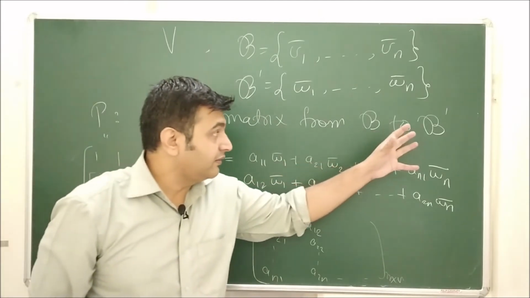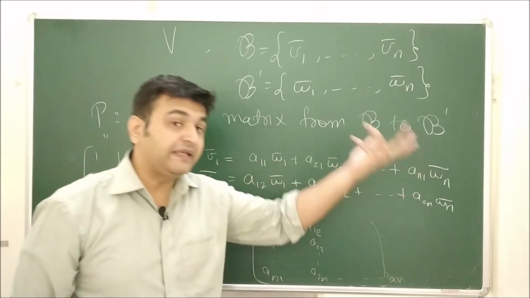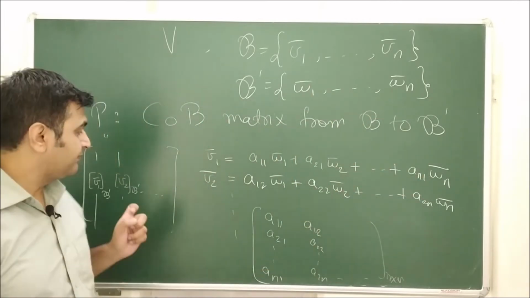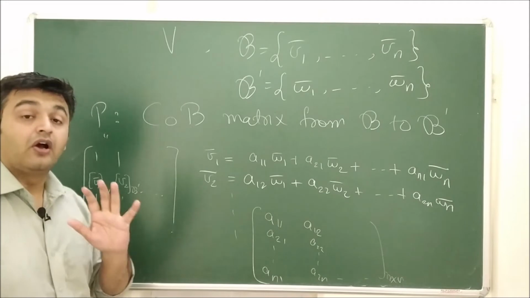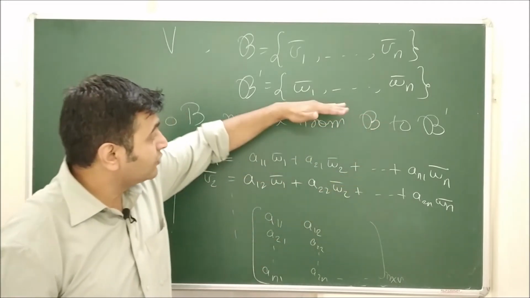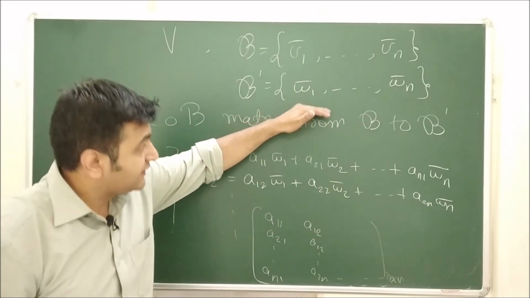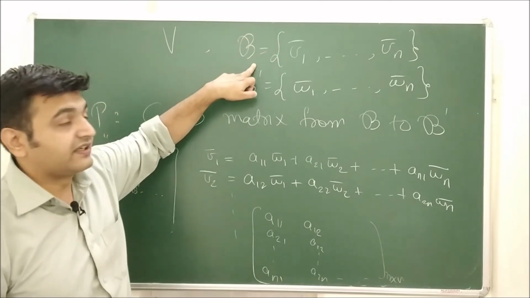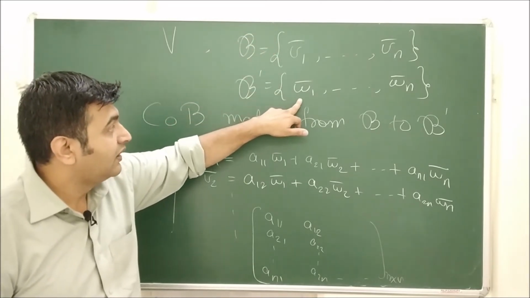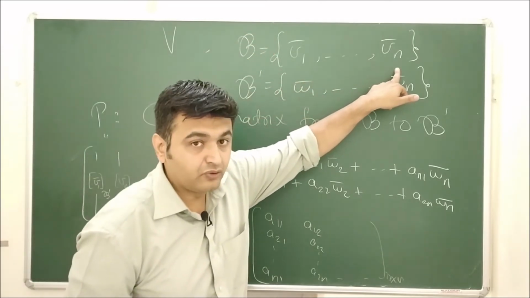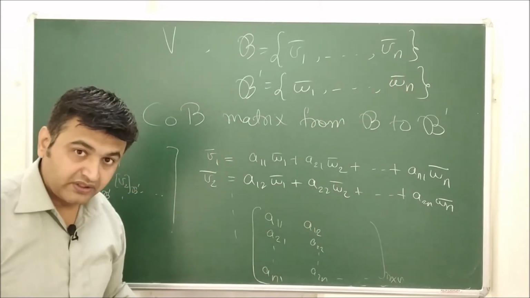If you want to find the change of basis matrix from B prime to B, you simply take the inverse of this, or you write down the vectors of B prime as linear combinations of vectors of B. That means you take w1, write it as a combination of v1 to vn, and then you write down that coordinate vector as the first column.